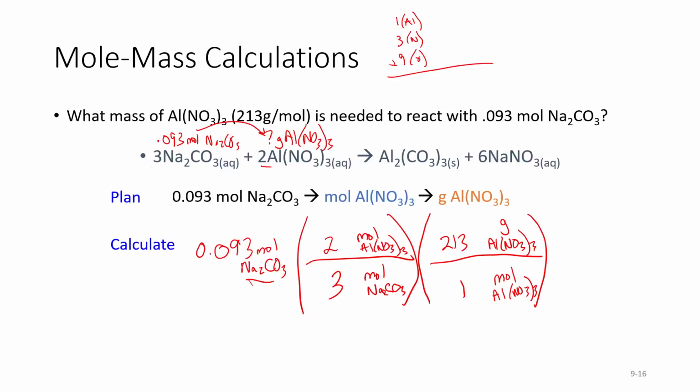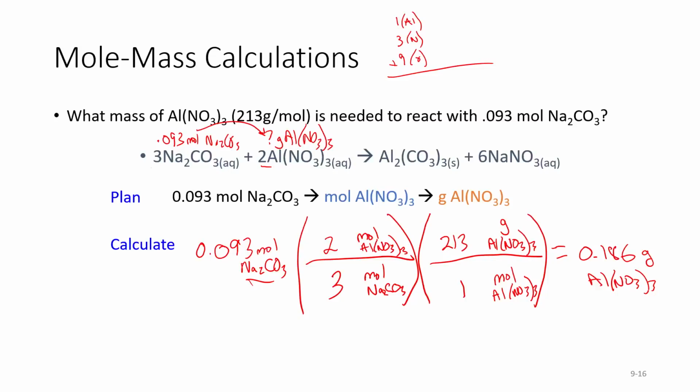0.093 times 2 times 3, and we're going to divide away that 3 that's on the bottom. That gives us 0.186 grams of aluminum nitrate. Ooh, did I screw that up?